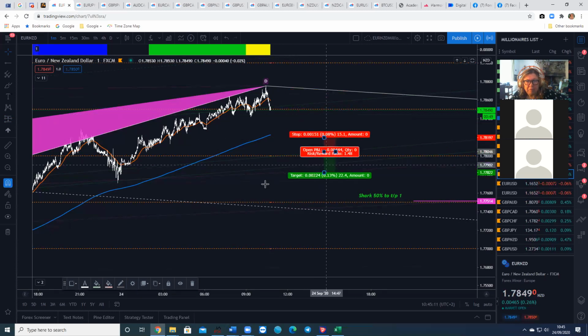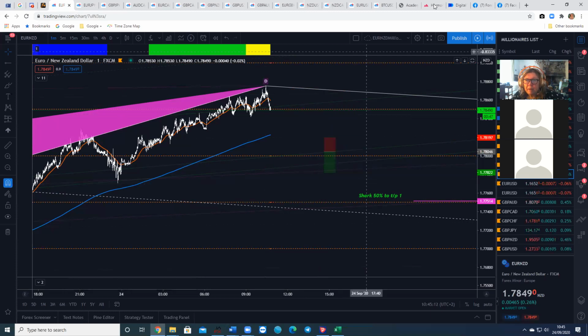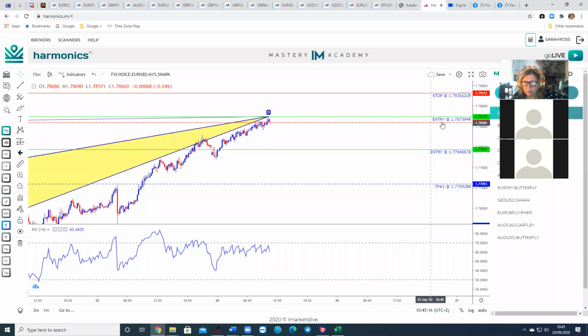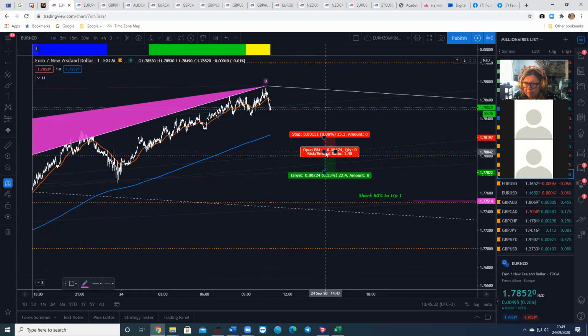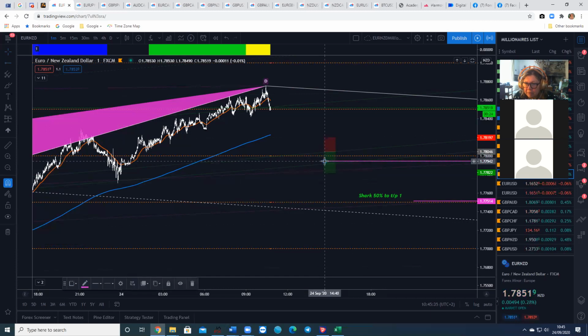So the first point at which you could possibly enter would be the second entry point, 1.7794. Let's see how that marries up. 1.77694, which is all the way down here anyway.